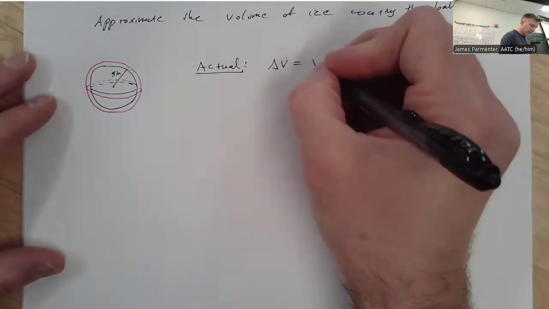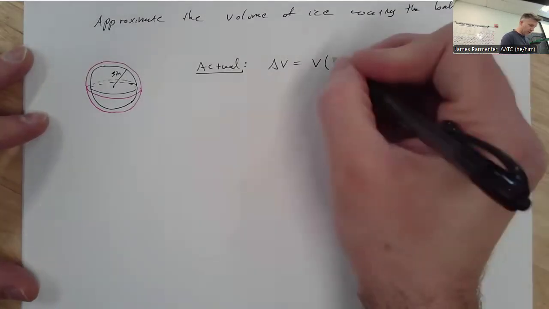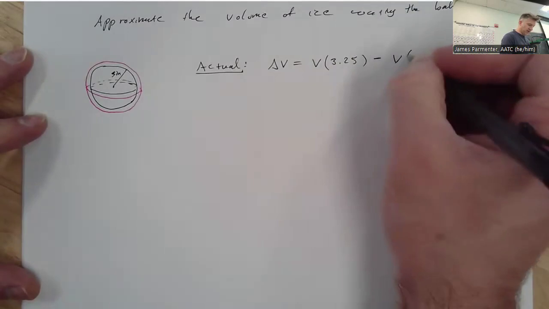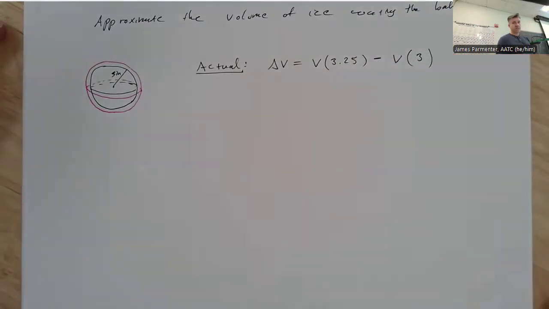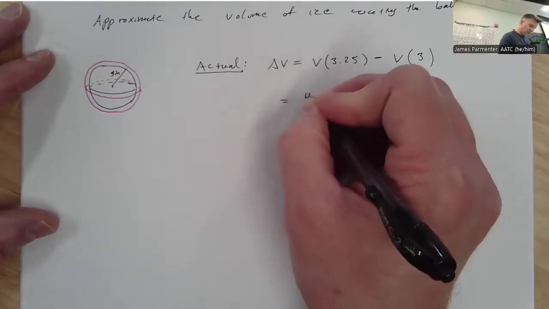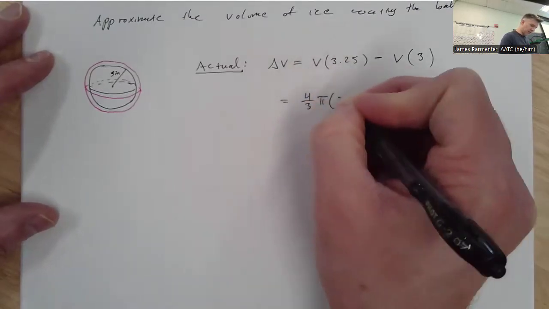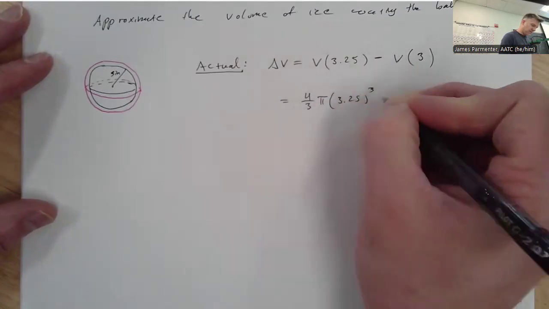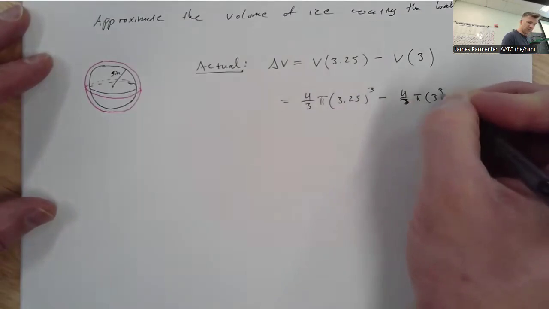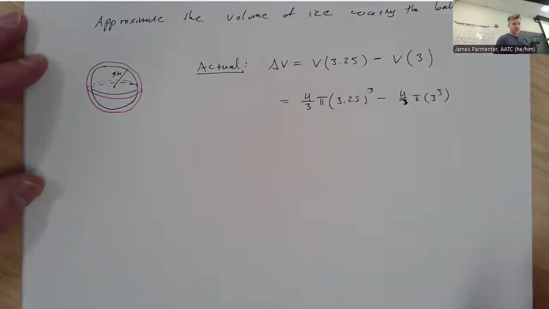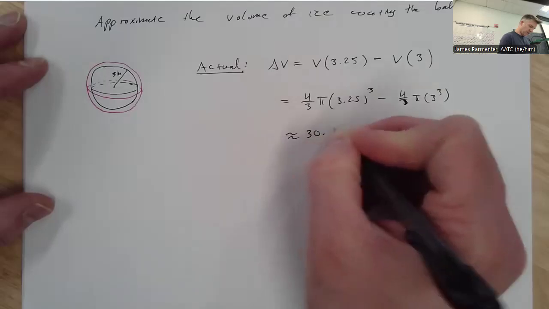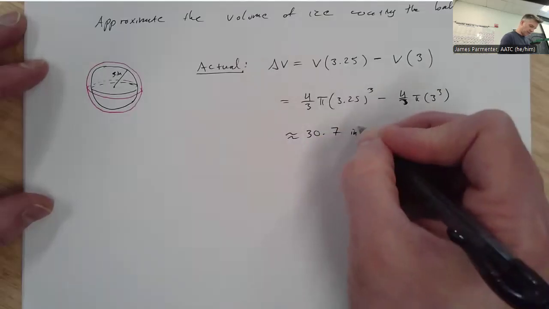So it's going to be the volume with a radius of 3.25 inches minus the volume of a sphere with a radius of 3 inches. Okay, and then the volume of a sphere, that's going to be 4/3 pi times 3.25 cubed minus 4/3 pi times 3 cubed. All right. Which is approximately 30.7 cubic inches.